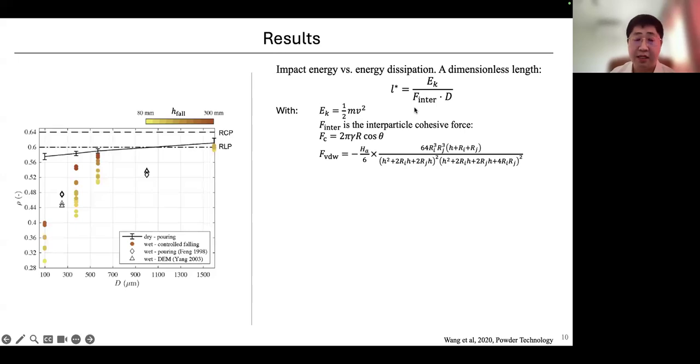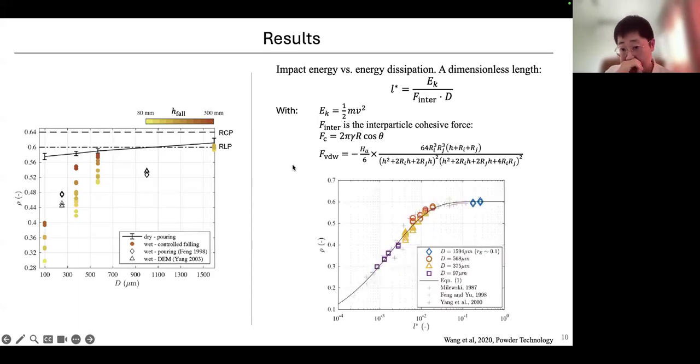Depending on what system we are considering, if we consider dry powders with van der Waals force dominating the system, then we just calculate the force using the bottom equation. Or if it's a wet granular material, we use this F_c equation to calculate the interparticle force.